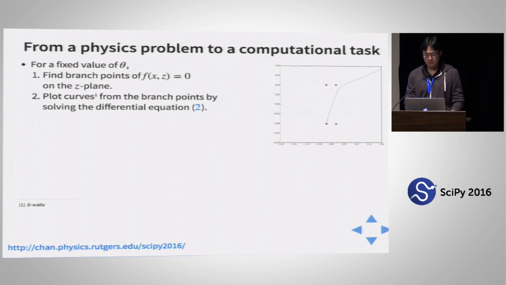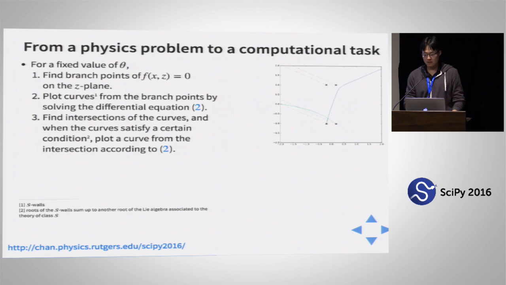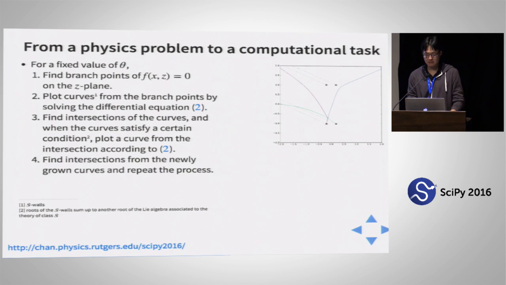And from each branch point, we can find the solution of the previous differential equation. And we do that for the other branch point as well. Then there can be an intersection between two different curves. And when they satisfy a certain mathematical relation, more precisely, if the roots of the two curves sum up to another root of the Lie algebra associated with the theory, then there can be a third curve coming out of the intersection.